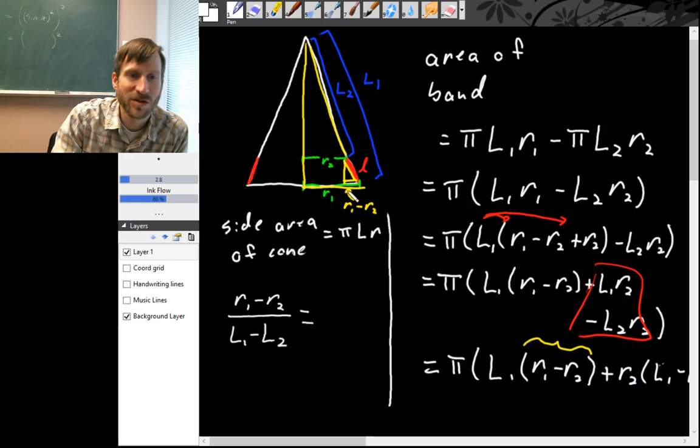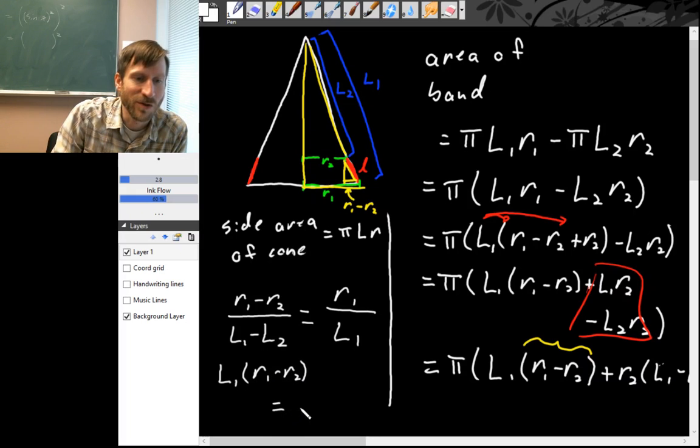Okay, so on the big triangle, the bottom side is R1, and the diagonal side is L1. Now clearing all the denominators, we get L1 times R1 minus R2 is equal to R1 times L1 minus L2.